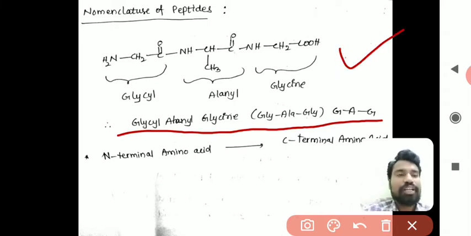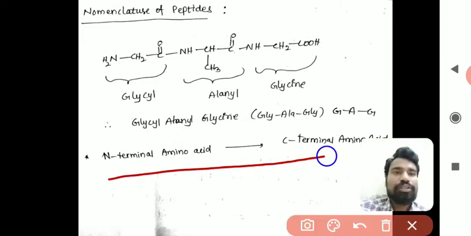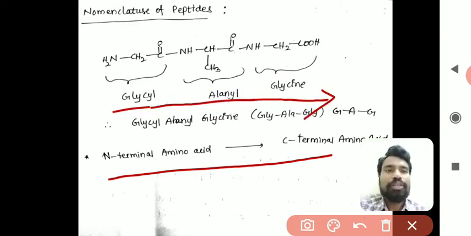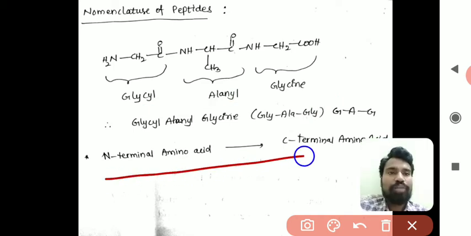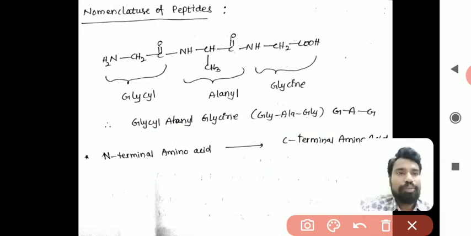Like this we can write the name for any kind of peptide, right? The name follows from the N terminal amino acid to the C terminal amino acid. First I will write the N terminal amino acid, then we will move towards the C terminal amino acid. This is the nomenclature of peptides. So this is one example.